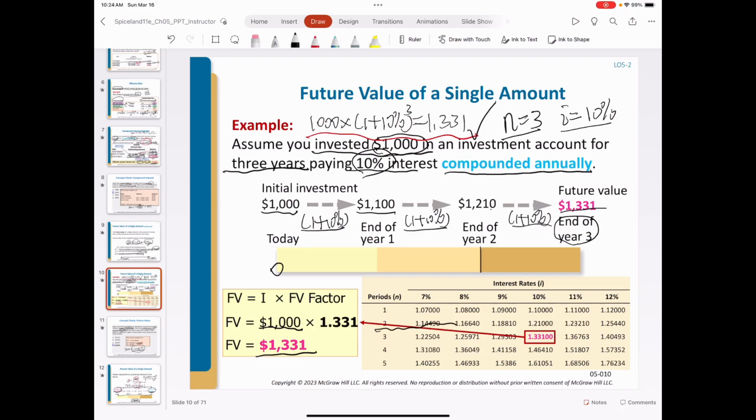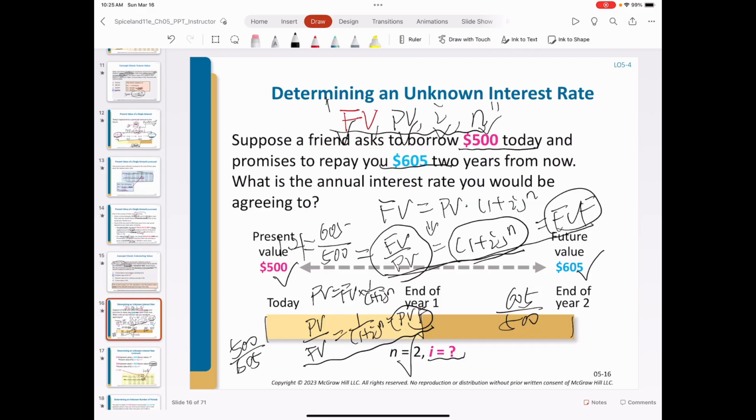For 2 periods, the factor was 1.21. Again, 10%. And you will find the future value factors are all greater than 1. The reason is future value is defined as this, which is always greater than 1 under the assumption that the interest rate is greater than 0. So both formulas are good to solve this problem.